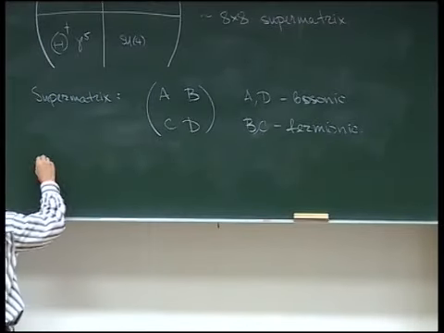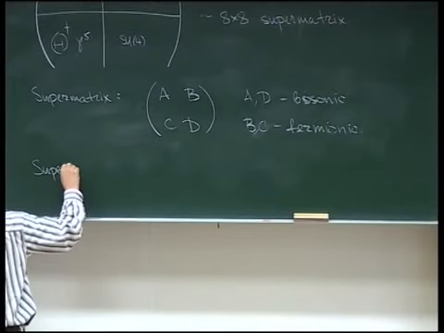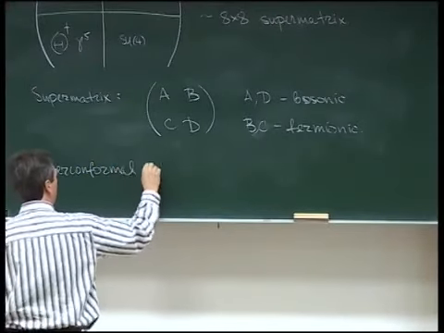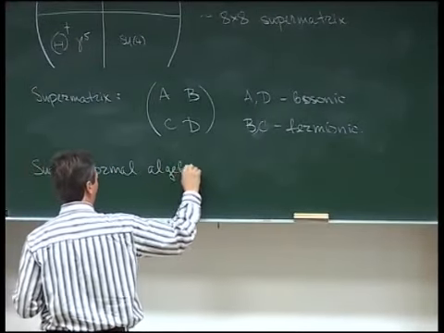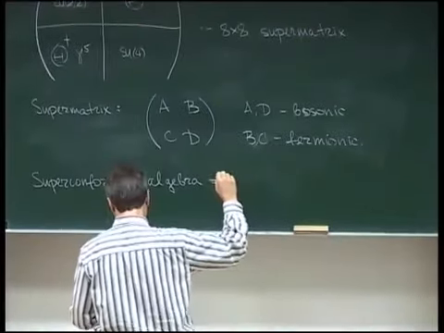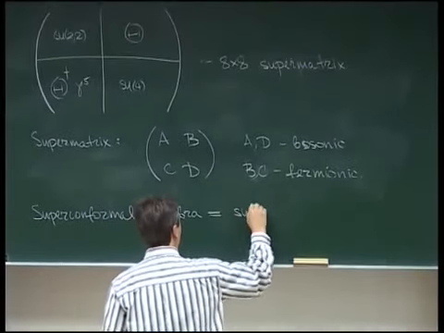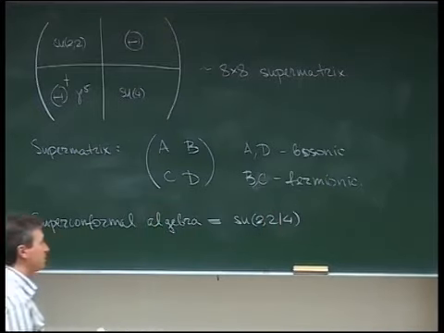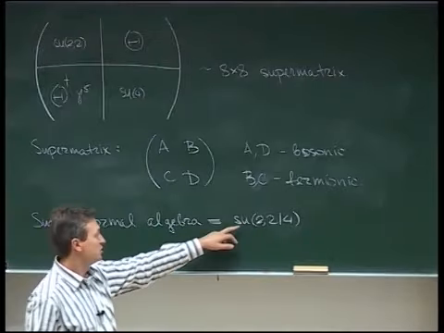So the superconformal algebra can be identified with the matrix superalgebra SU(2,2|4).